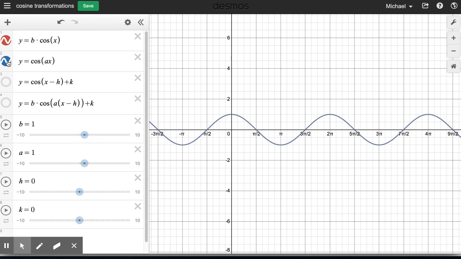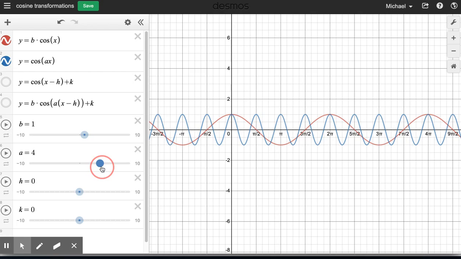If we change the number multiplied in with the x, so that was a vertical scale change, this is going to be a horizontal scale change. But just like anything in with the x in the function, it's going to be the opposite. So as the a, like 2x, 3x, 4x, and so on, gets bigger, the scale change winds up being the reciprocal of what that a is, the opposite.